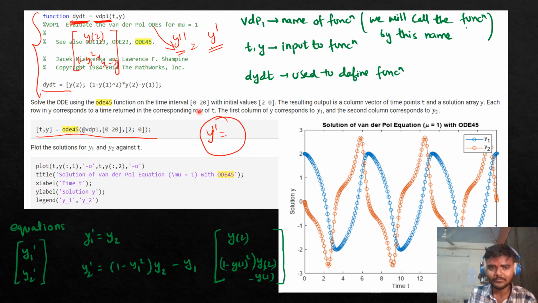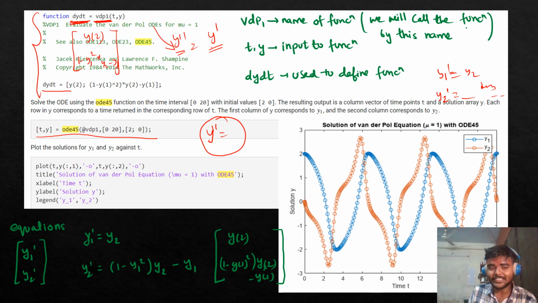At that time we introduced one dummy variable, y2 is equal to y1 dash. Wait, y1 dash is equal to y2, and then we introduced y2 dash, the d square y by dx square here, and then all the right hand side terms.